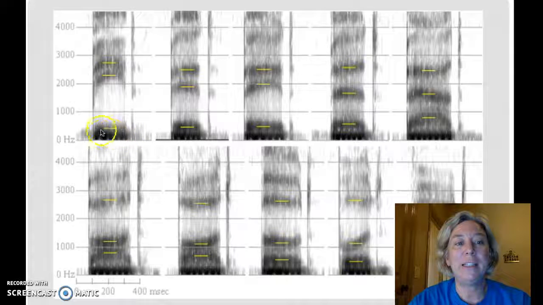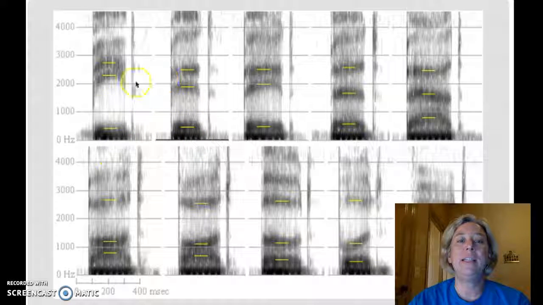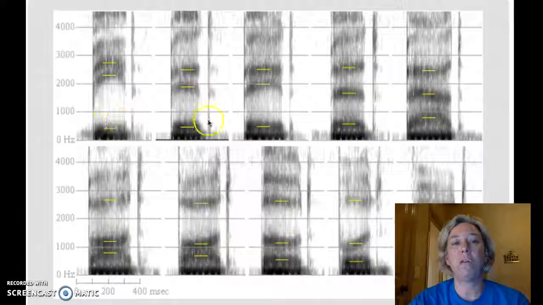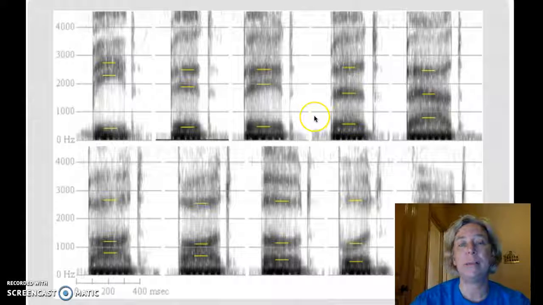So the fundamental frequency, formant 0, is here, then the first formant, and second, third, and so on. And you can see how these yellow lines, if you go across, are actually gradually getting higher and higher. I'm going to stop there and we will continue with video.